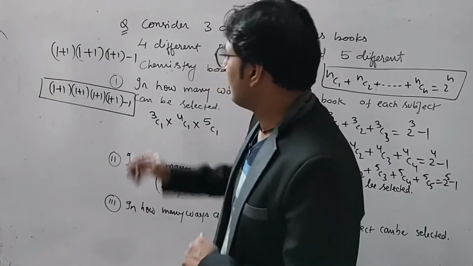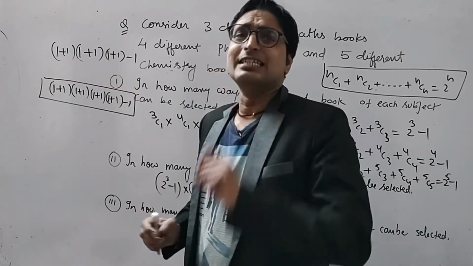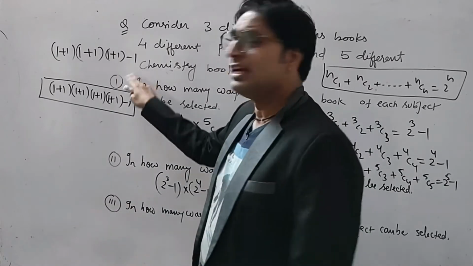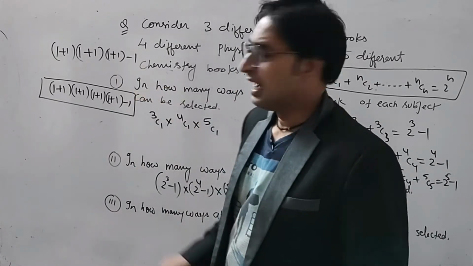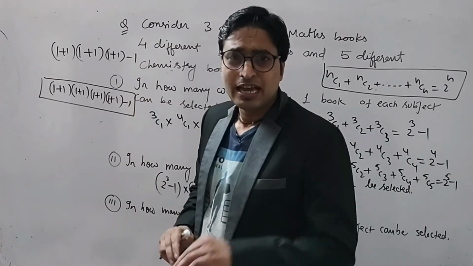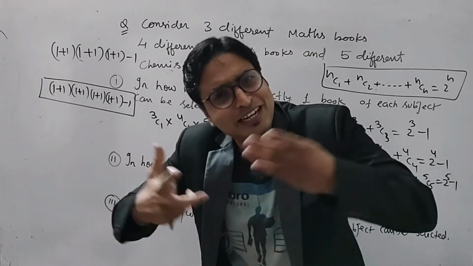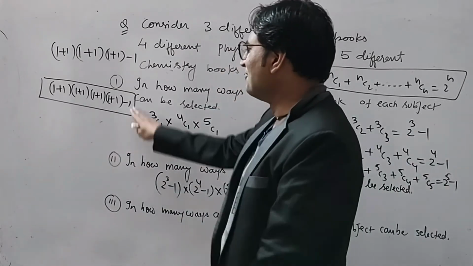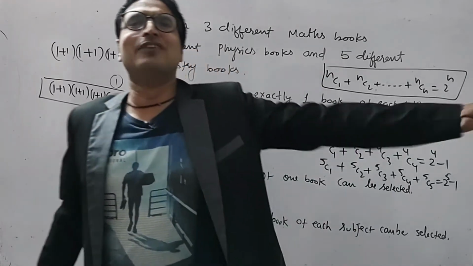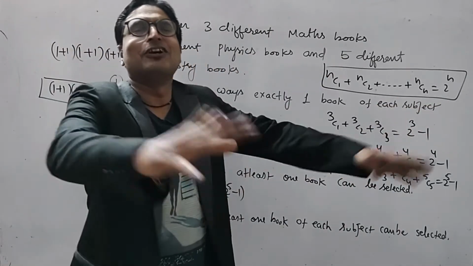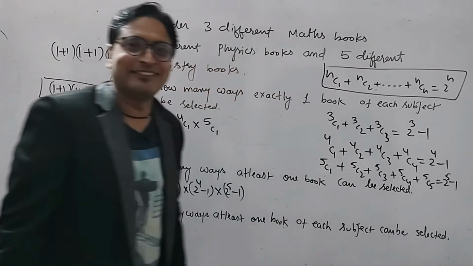That I have told you here. You have to select at least one book, and with one way you can reject all the books. So you have to subtract that way. Again, in 4 physics books, we can reject all the books. So one way will be there through which you can reject all the books, and you have to subtract 1. You have to reduce that way through which you are rejecting all the books, because you have to select at least one book of physics.